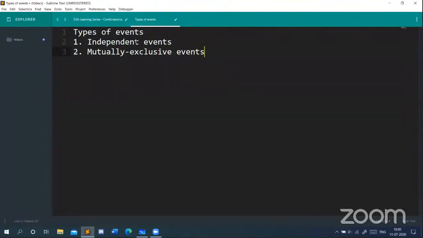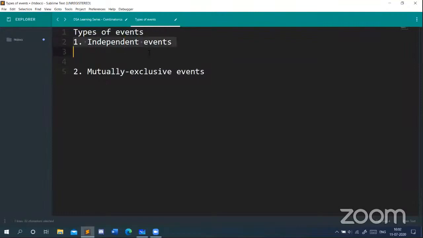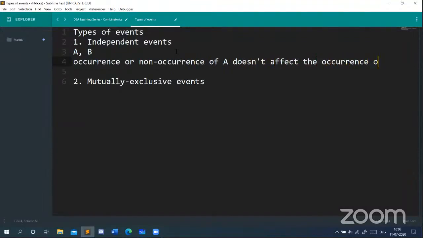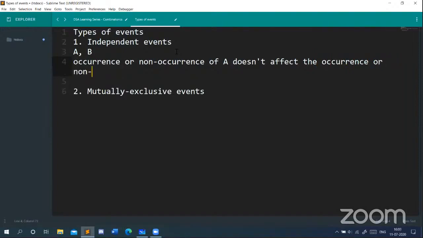So with these two types of events, what exactly are independent events? Let A and B be two events, right? If the occurrence or non-occurrence of A doesn't affect the occurrence or non-occurrence of B, then we call these two events independent.